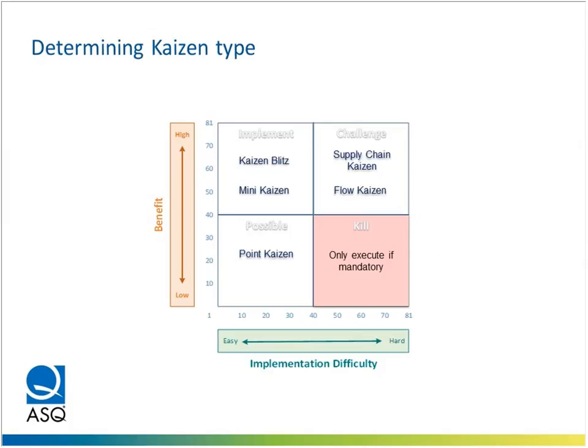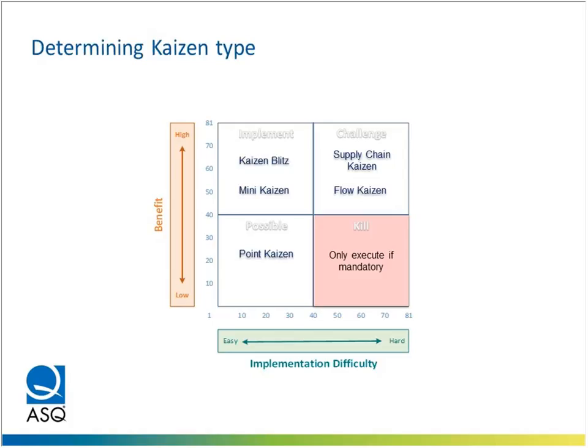Mini Kaizens and Kaizen Blitz usually are fairly not difficult to implement and have a very high payoff or high benefits. These are the ones that we would encourage most people to do. The more challenging Kaizens are reserved to more experienced practitioners.